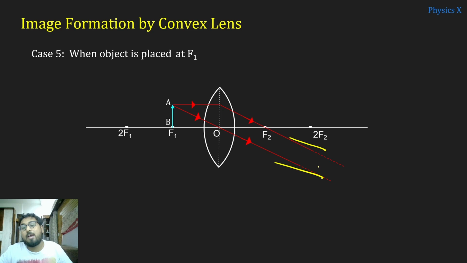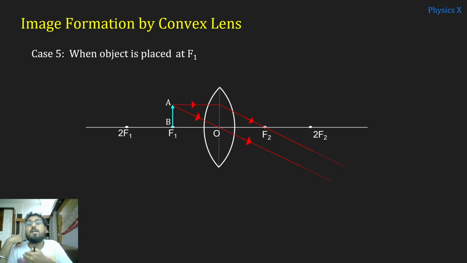So these parallel lines won't be meeting in real space, but rather we say mathematically that these two rays will be meeting somewhere at infinity and forming an image. If the image is forming at infinity, that means these refracted rays of light are on the observer side and they tend to meet at infinity.